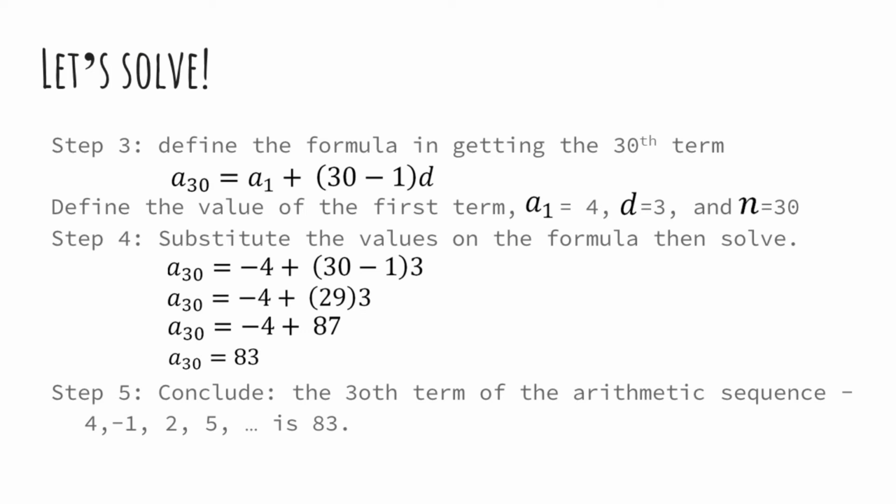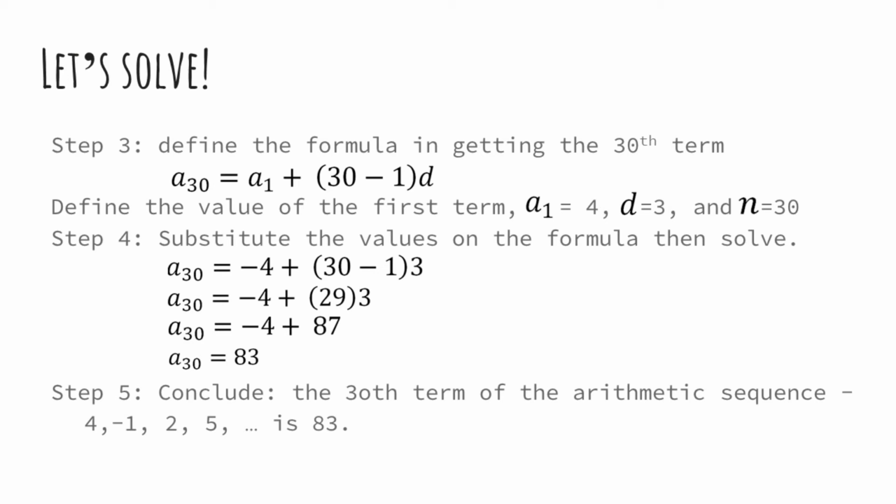So we are looking for the 30th term, which is a sub 30. Our formula now to find the 30th term is a sub 30 is equal to a sub 1 plus quantity 30 minus 1 times d. So let's now define the value of the first term.